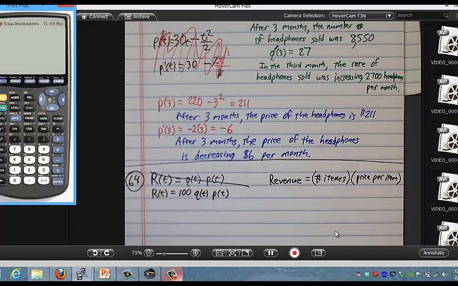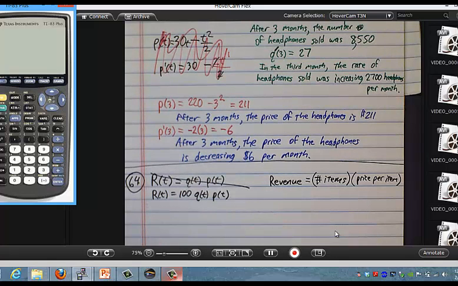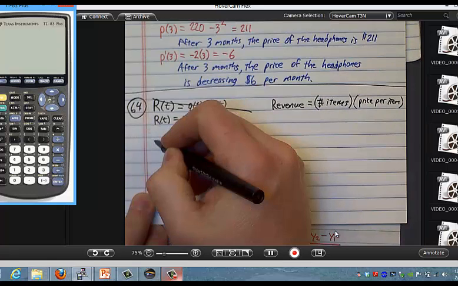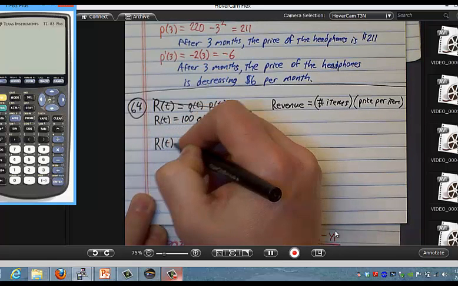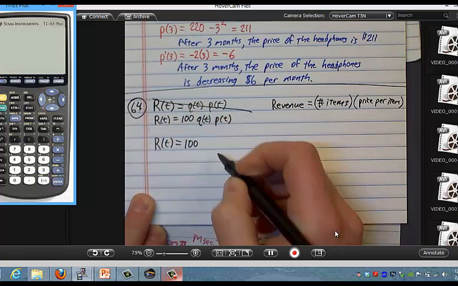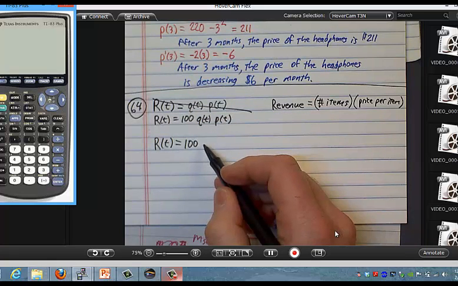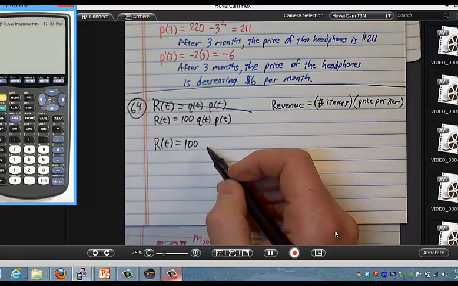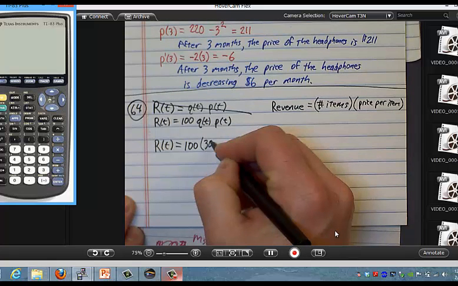So for our example, let's see if I can work this out. R of T equals 100. Now let's see. Q of T. They gave me that. It was 30T minus T squared over 2.